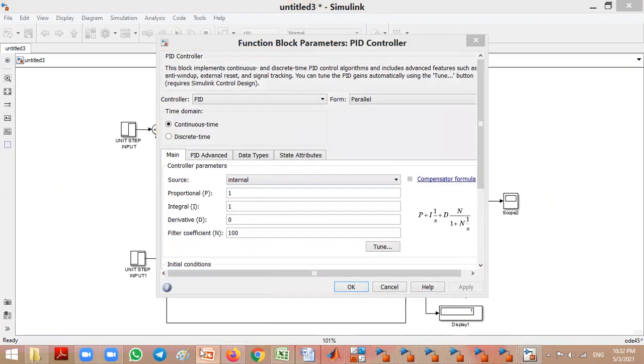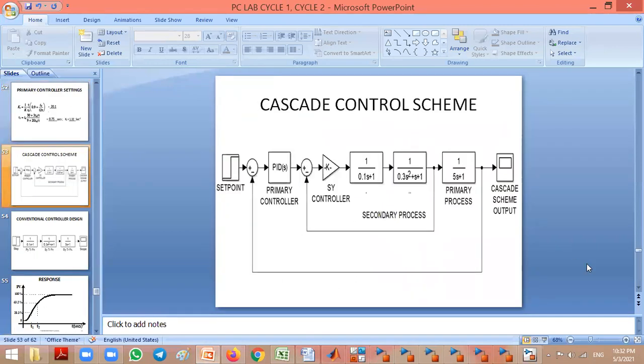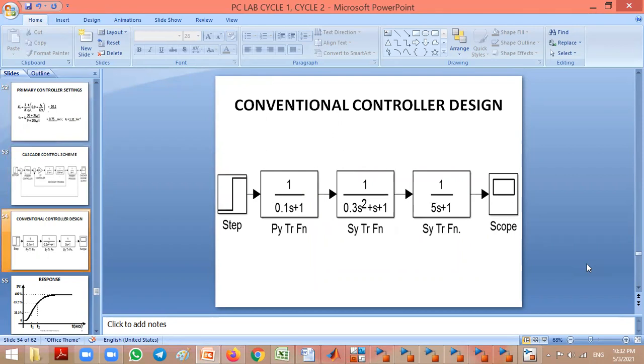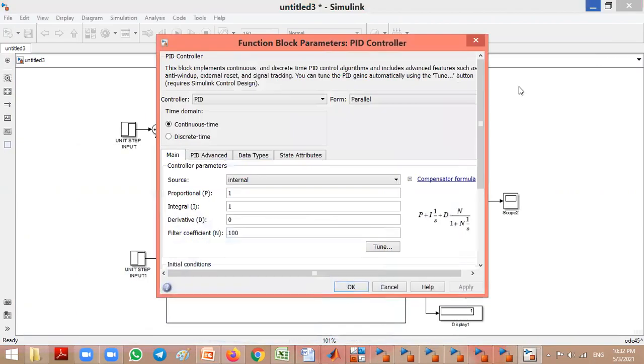Using this formula we have found the gain values as 20.1 and 1.32. So you make the proportional gain 20.1 and the integral gain 1.32.